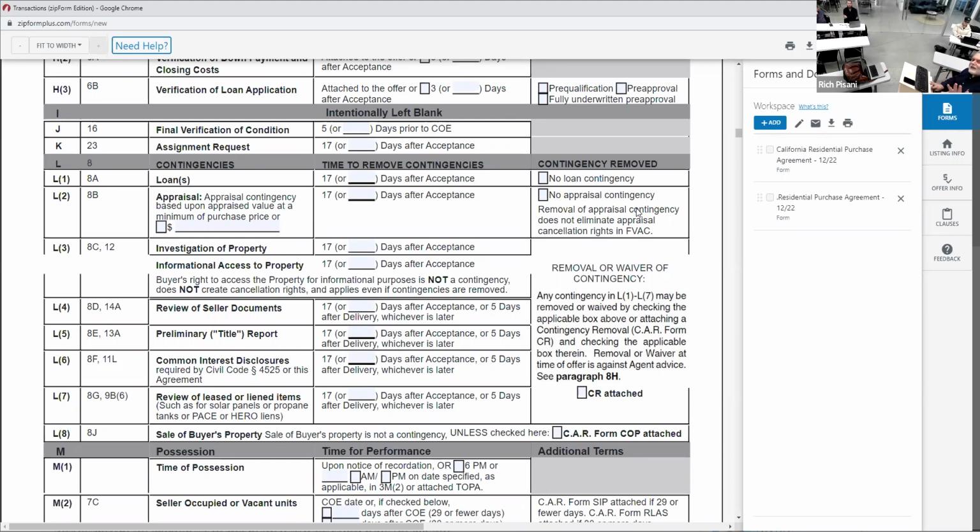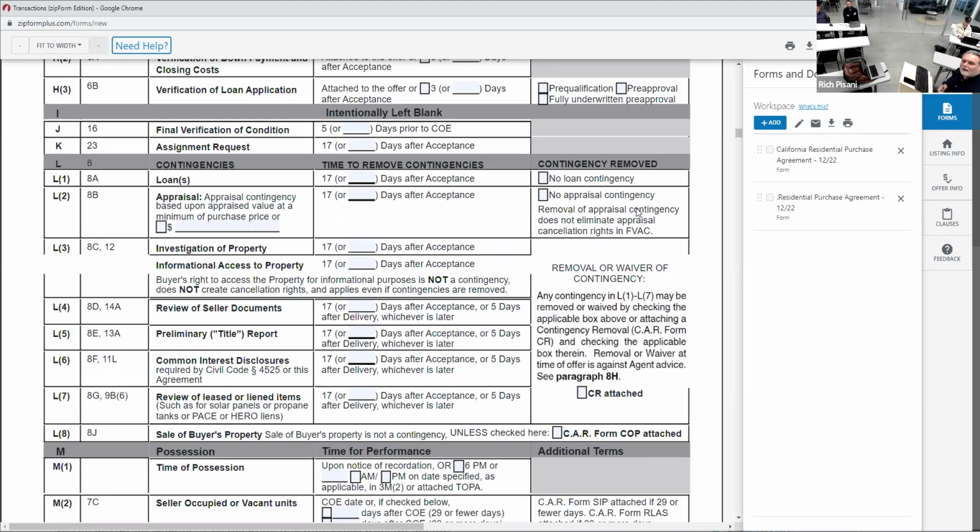So they built it into the contract that if it appraises at the purchase price or 430, then they'll move forward. Anything 430 and above, they will move forward. If it appraises for 429, they've got an out. Okay. Any questions on that before I move on?